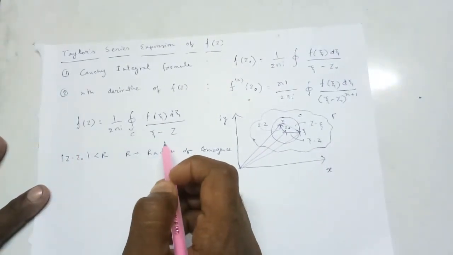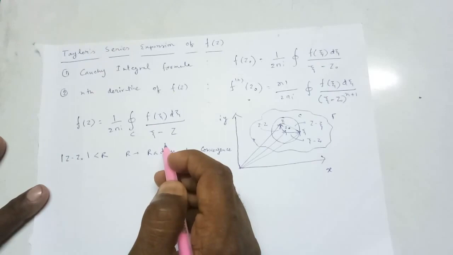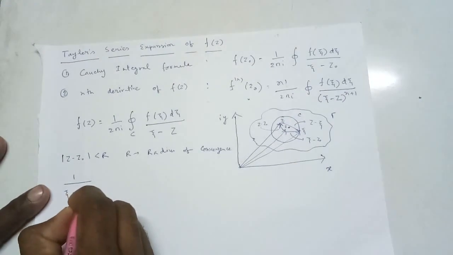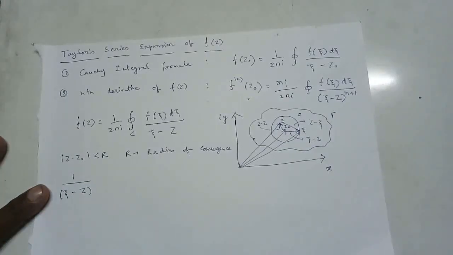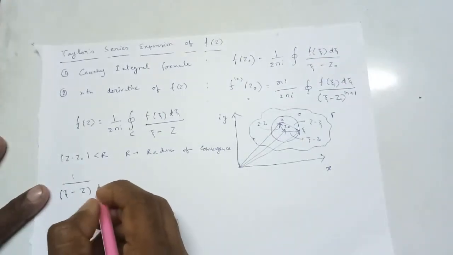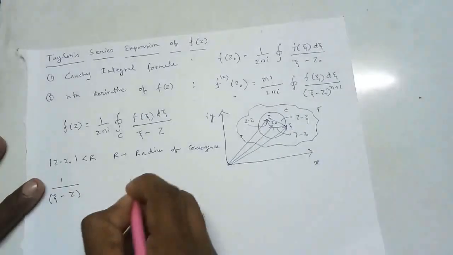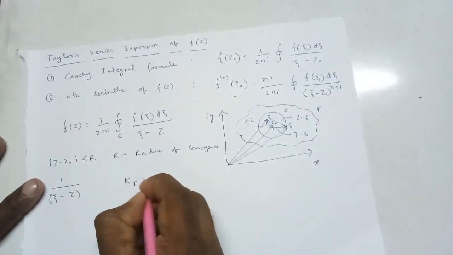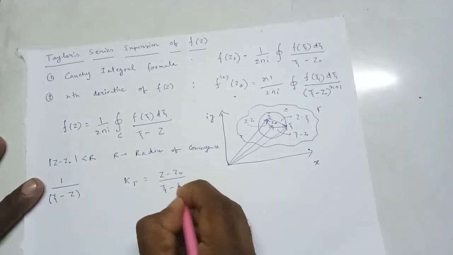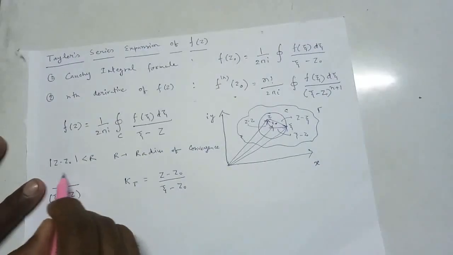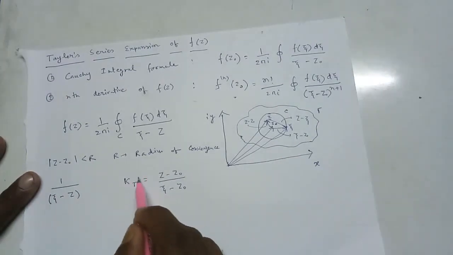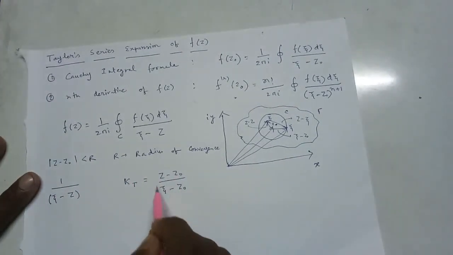At first we will develop a series expansion for this factor 1 upon xi minus z. For convenience, we will set kt as z minus z0 divided by xi minus z0.